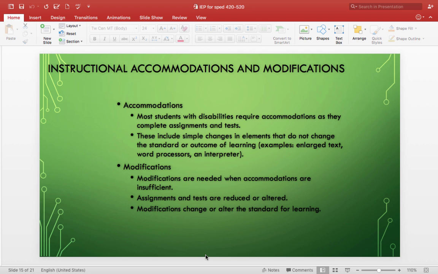Or if we are changing or altering the assignment or text in any way. Now I'm not talking about just giving it to them in a different language. That's an accommodation, generally speaking. But a modification changes or alters the standard for learning as well.